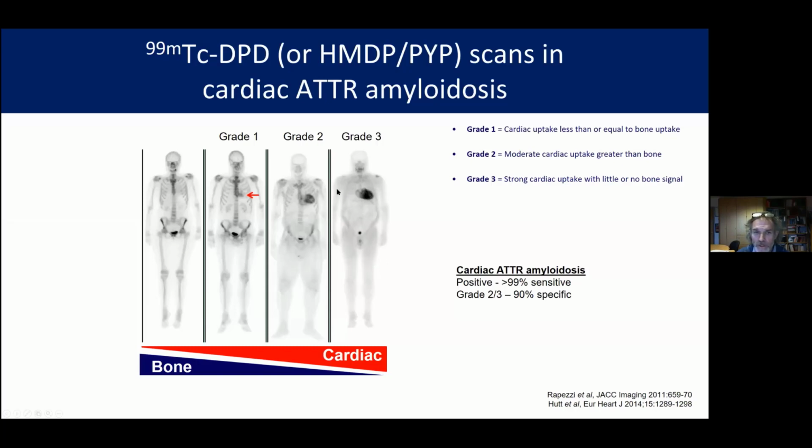You can hardly see the ribs, and you can hardly see the long bones in this patient with grade 3 uptake. And what he found, and what's subsequently been reproduced in many, many centers, is that bone scintigraphy is exquisitely sensitive for diagnosing cardiac ATTR amyloidosis.